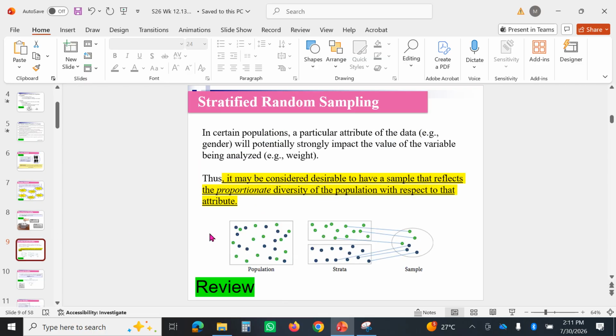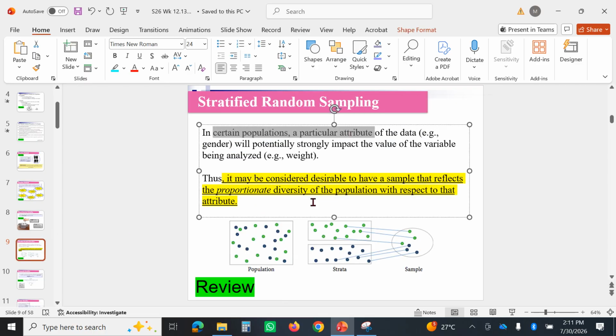Stratified random sample. In certain populations, a particular attribute of the data, for example gender, will potentially strongly impact the value of the variable being analyzed. Weight, for example: there is a correlation between gender and weight. Thus it may be desirable to have a sample that reflects the proportionate diversity of the population with respect to that attribute.